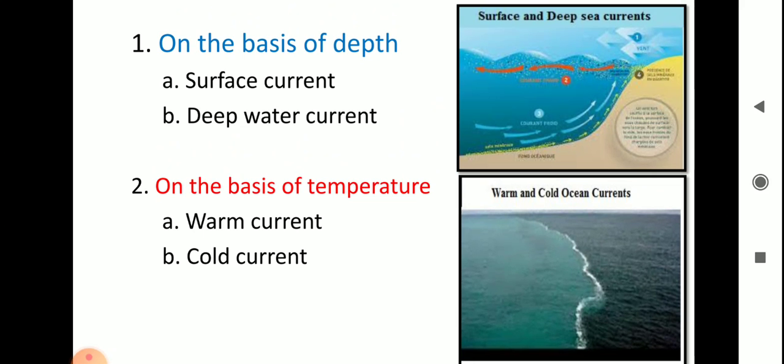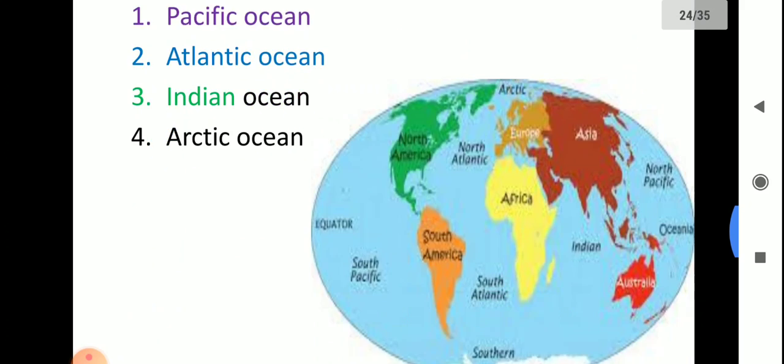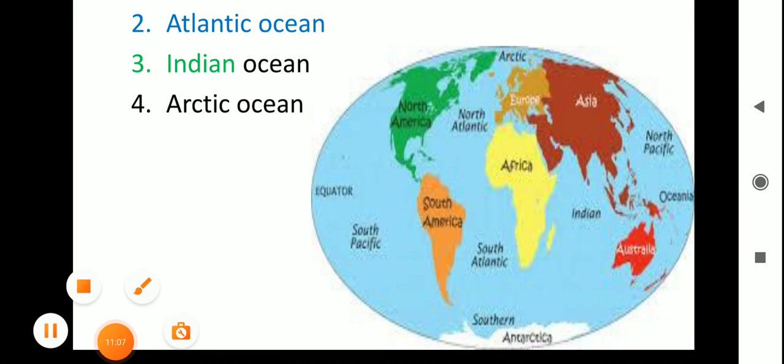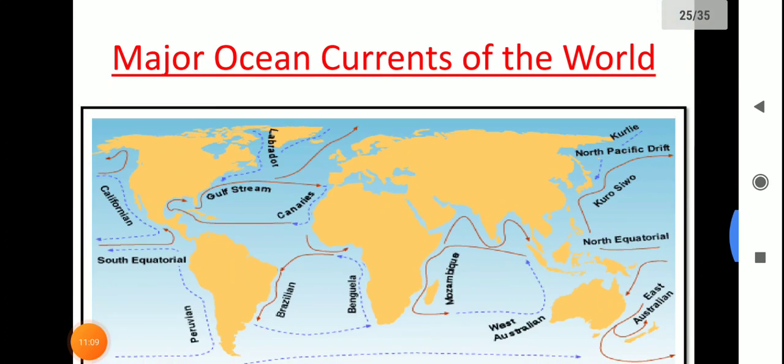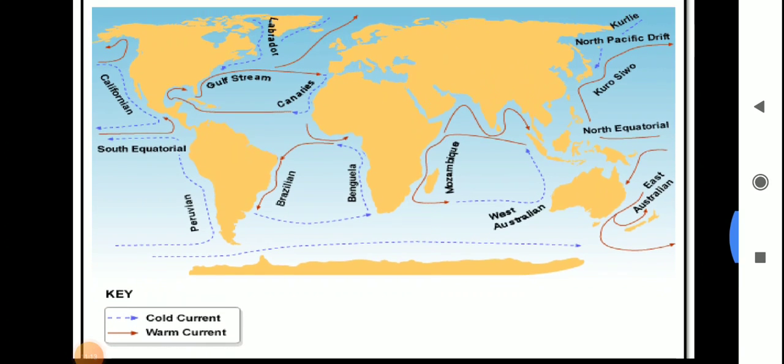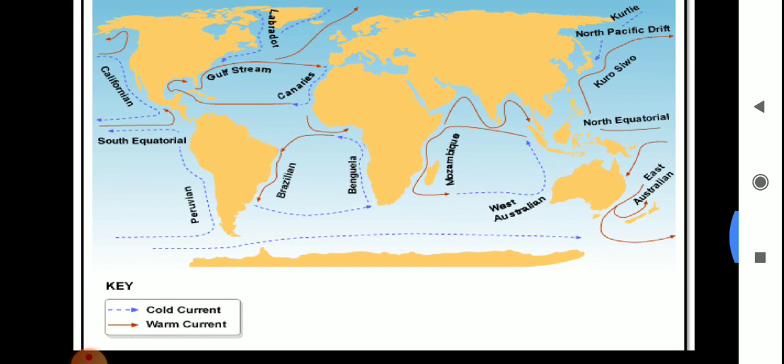So warm currents usually flow parallel to the east coast, mainly in the tropical areas, right? Here you can see on the map the major oceans of the world: Pacific Ocean, Atlantic Ocean, Indian Ocean, and Arctic Ocean. So the major ocean currents of the world are here. The blue color on the map shows cold currents, and the red color shows warm currents.